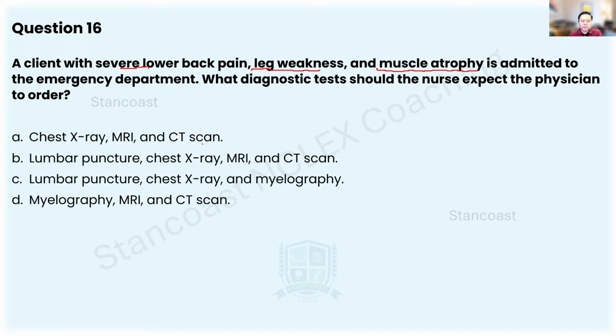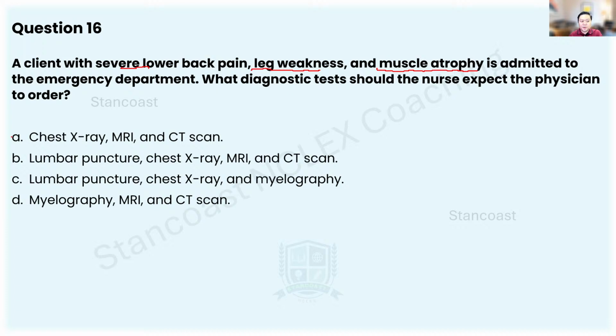Take your pick. While waiting for your answers, I will eliminate letter A. Let's have a try on letter A. Chest x-ray, MRI, CAT scan. You know, guys, remember about the chest x-ray? Would this be an expected diagnostic test, especially that our patient has lower back pain?